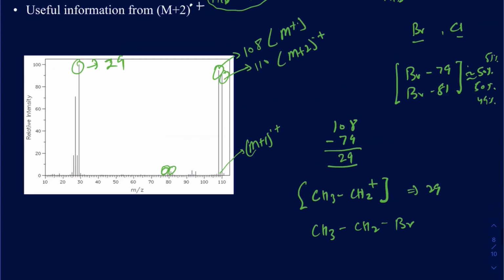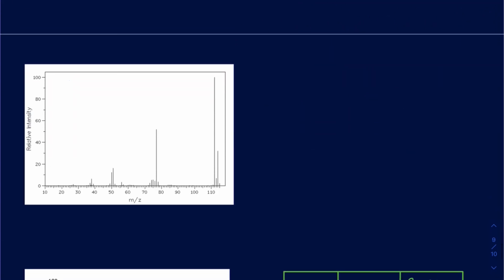So the chlorine ratio of isotopes is not 50-50, but rather chlorine 35 is about 75%, and chlorine 37 is about 25%. So you can say chlorine 35 is about 3 times more abundant than 37.